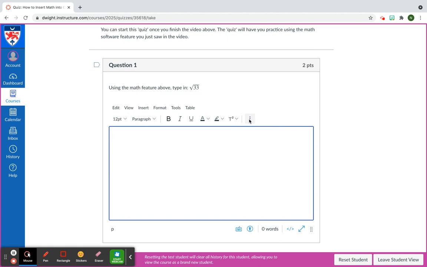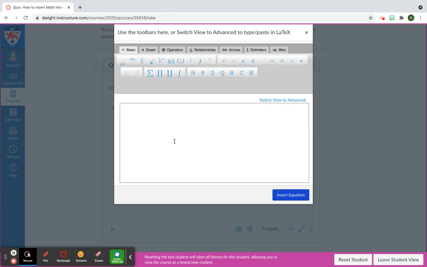So what we can do is click on these 3 dots over here, and come to the square root x button, and then you're able to insert a math equation. You can figure out what it is that you want to insert. If I'd like to insert a fraction, I can click on this fraction button right here and insert something like 1/2.